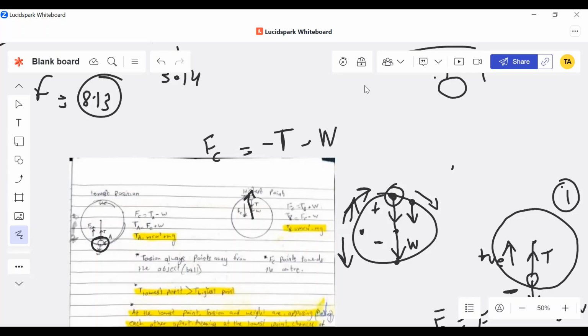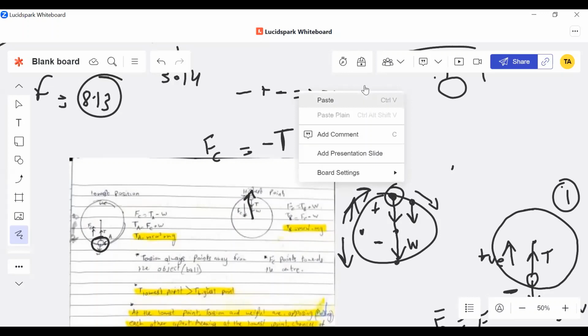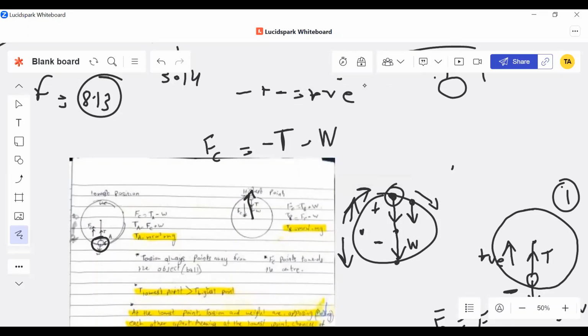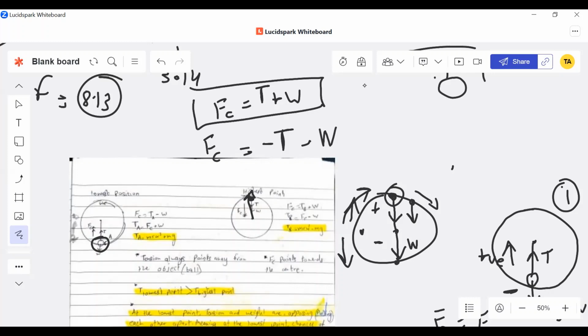Now when these two negatives come together, because negative plus negative gives me a negative, which on the other side becomes positive, I get Fc as T plus W. And when the object is at the top, this is the formula that you will get.